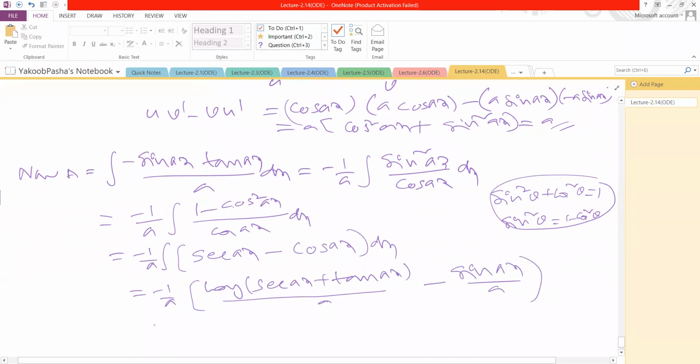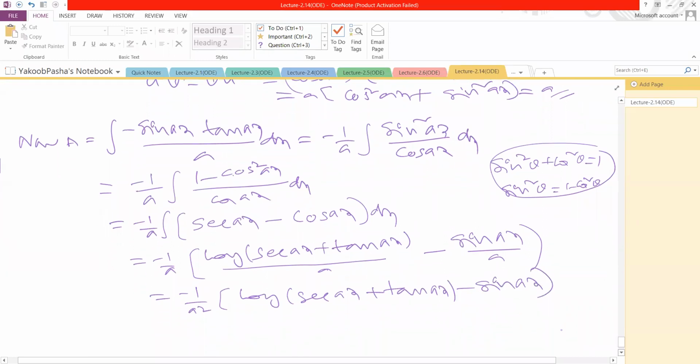So we can write this as minus 1 by a square of log secant ax plus tan ax minus sin ax. And this is the value of A.